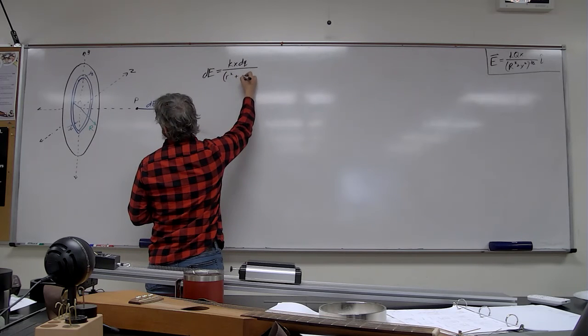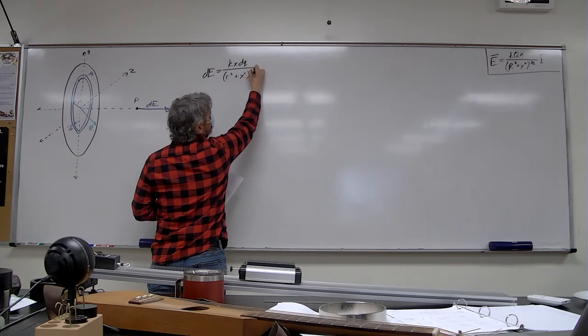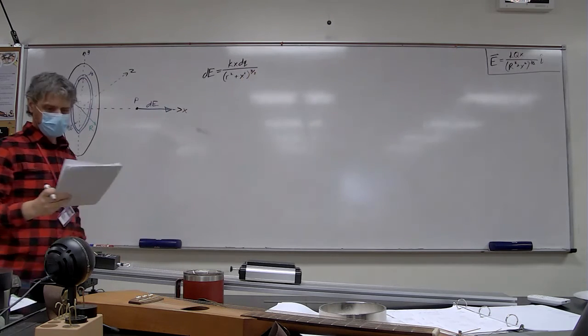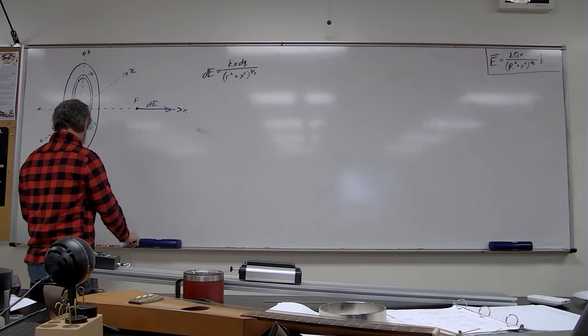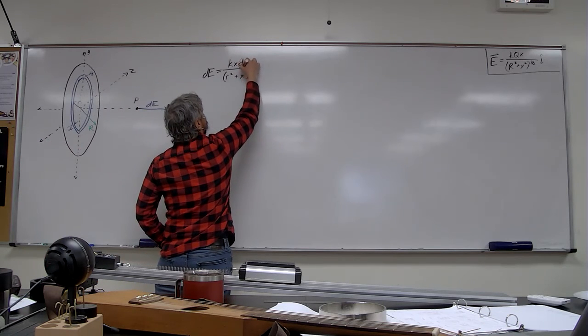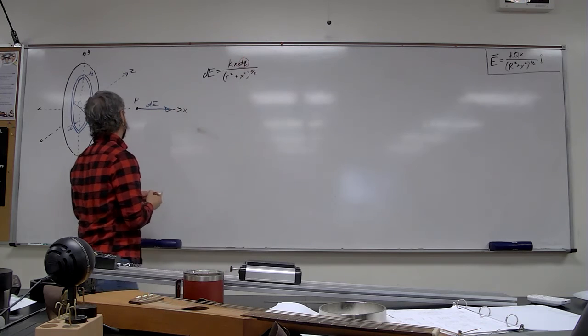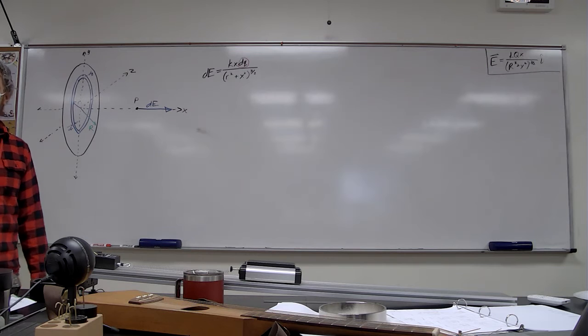Plus x squared to the 3/2. Right? Now the issue here that's going to make this a little more difficult is dq. We have to deal with it, because this isn't a representative segment on a length of charge.